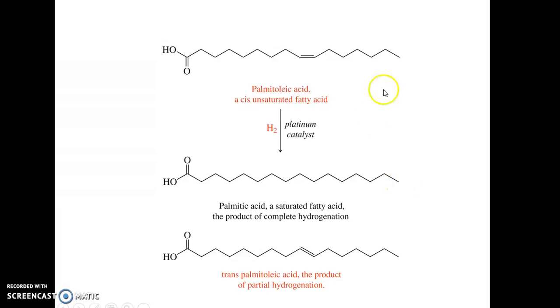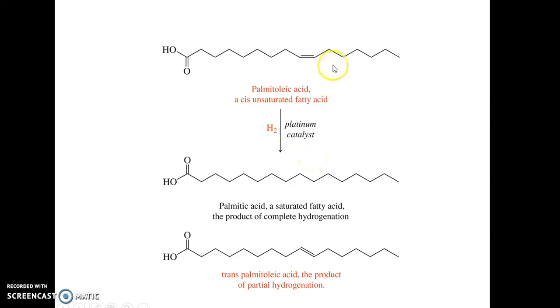So here's an example. Here is a cis unsaturated fatty acid. You see that this and this are on the same side of the double bond. If I draw a line through this double bond, you see they're both above.